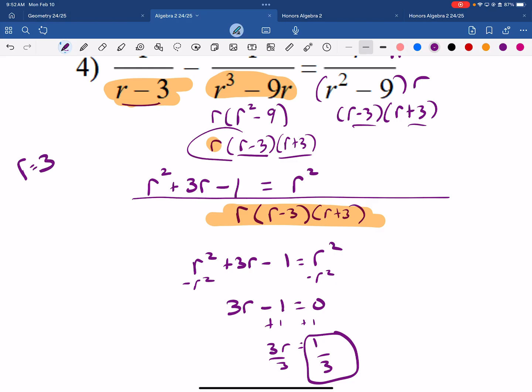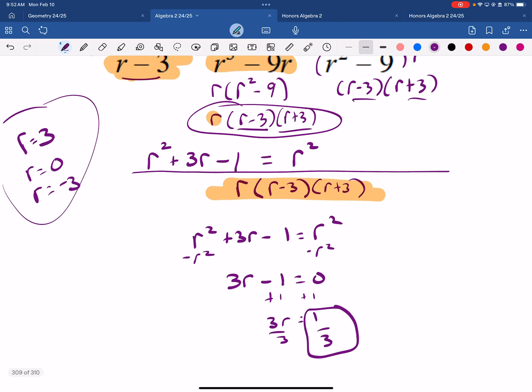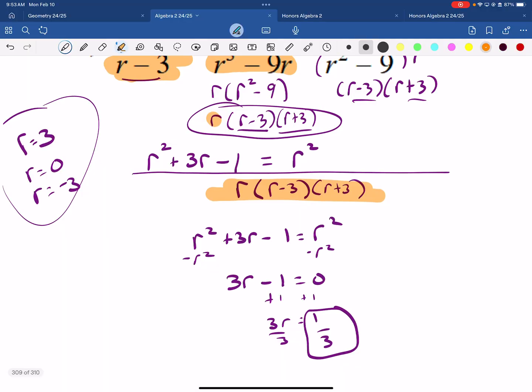If we look at this part right here, that means r can't be 0 and r can't be negative 3. This would be r is 0. 0 times anything is 0. Positive 3, we've already said. Then negative 3. So those are all of our excluded ones. Our answer is 1/3, so it's not excluded. So that's a solution.